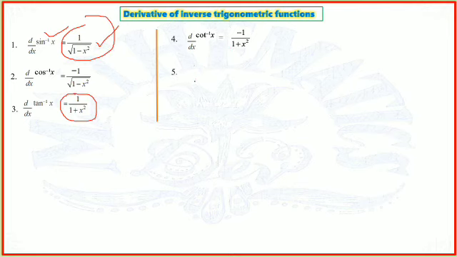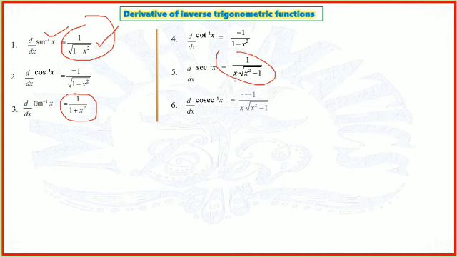Fifth one, the derivative of sec inverse x, which is equal to 1 upon x under root x square minus 1. The sixth one is the derivative of cosec inverse x, which is nothing but the same thing with the negative sign.